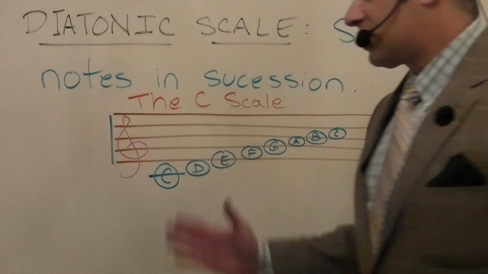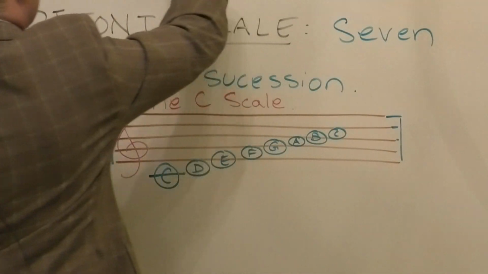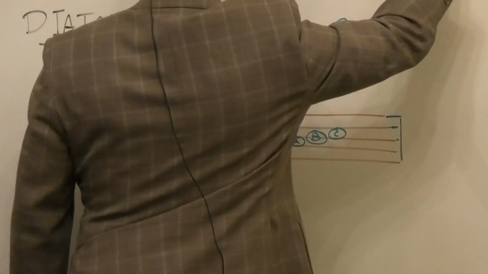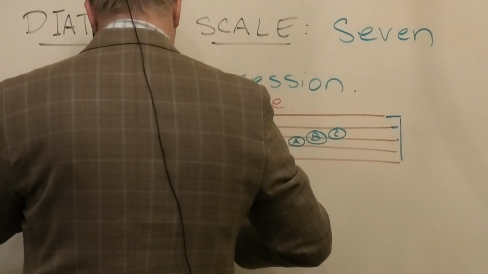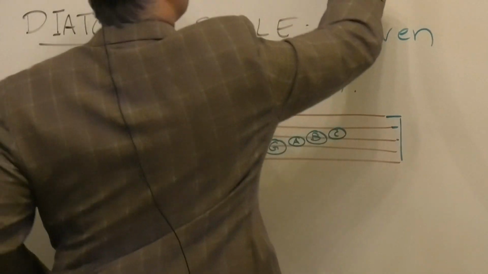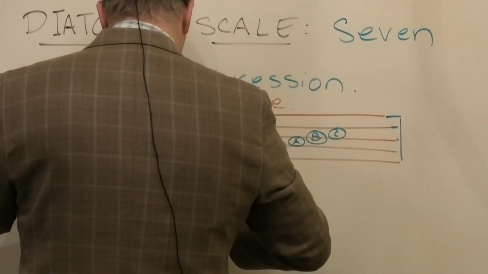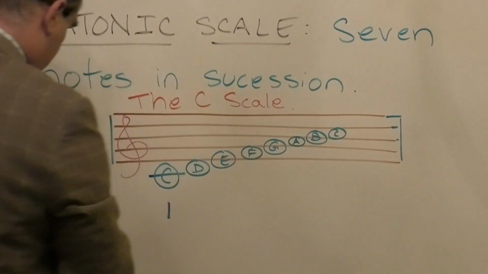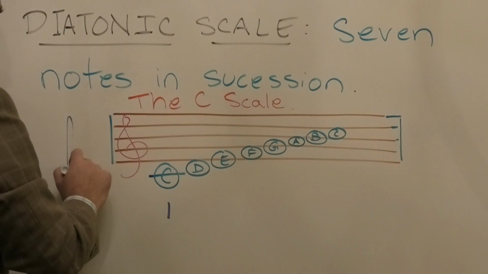Now we use scale degrees, which are just numbers. Okay? So we're going to count the scale degrees, which is going to be 1. Now in chemistry, if you have a little thermometer over here, you have degree 1, degree 2.